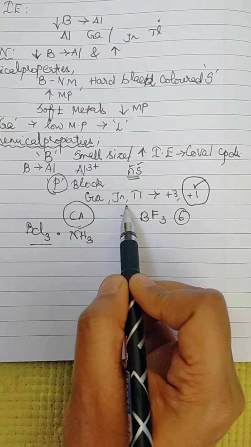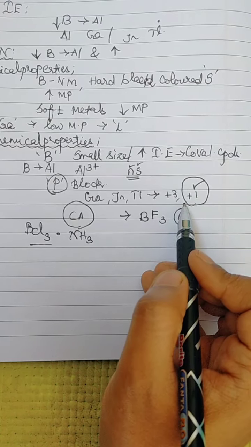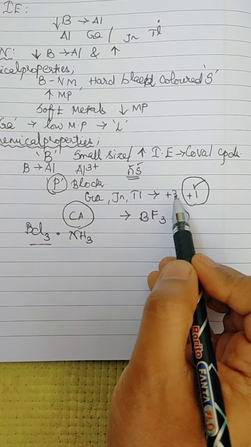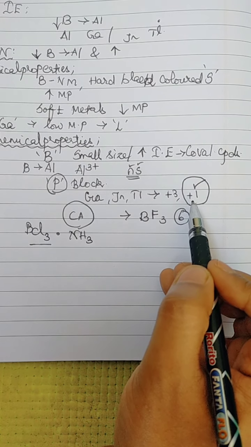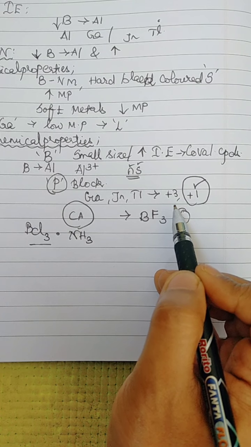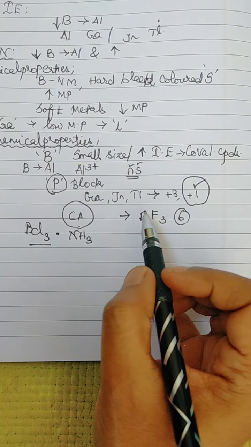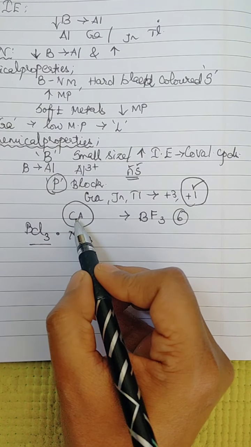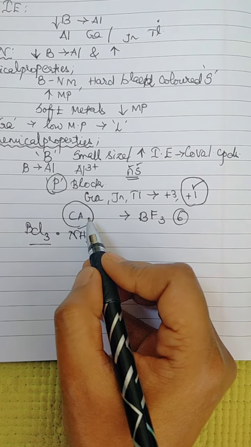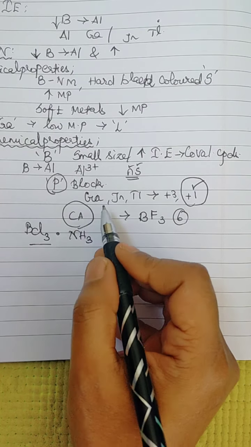Gallium, indium and thallium can exist in +3 and +1 oxidation states, but when you compare the stability, the +1 oxidation state is predominant over the +3 oxidation state. The central atom which forms covalent compounds will have 6 electrons.